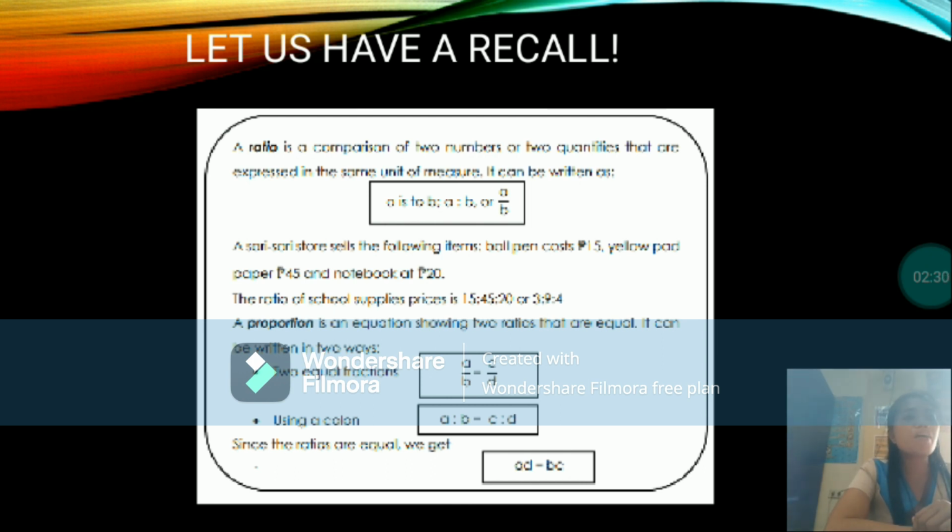So we have two equal fractions: A over B is equal to C over D, or using a colon, A is to B is equal to C is to D. Since the ratios are equal, we get AD is equal to BC, if you cross multiply, or get the product of the means and the extremes.